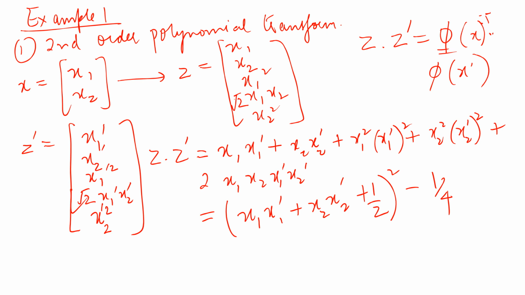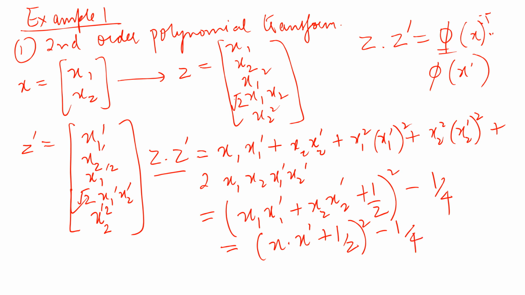And what exactly are these terms here? These are the components of my x1 and x2. And so my dot product in my z space, which is z dot z prime, is equal to this, which is nothing but x dot x prime plus half, whole squared, minus 1/4.